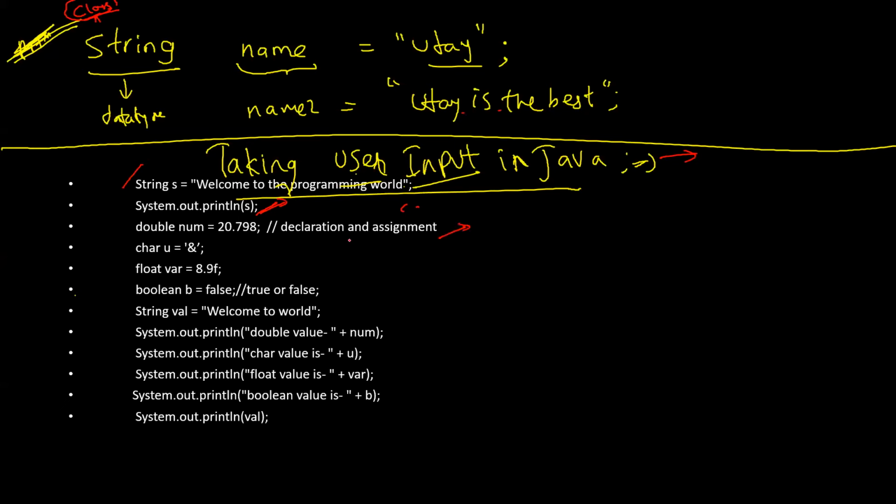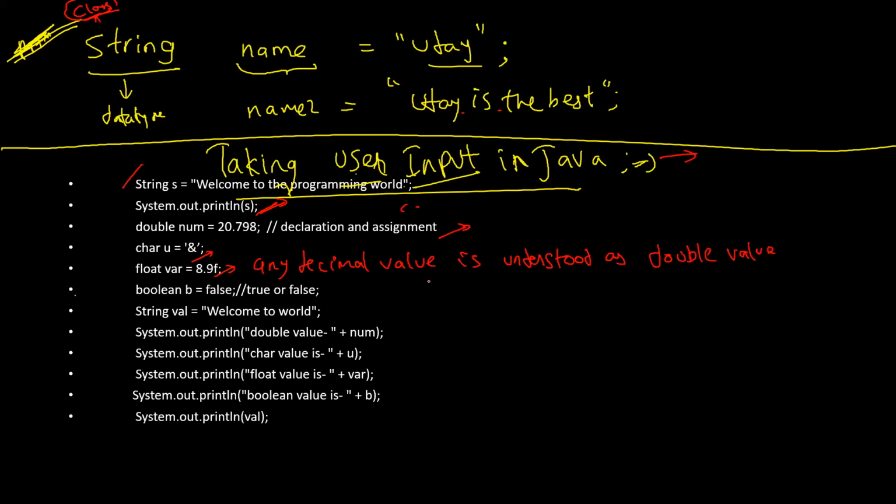Double has been assigned and declared, right? Character, float. I showed that any decimal value is understood as a double value. This is called typecasting. We'll learn this in 1 or 2 classes.